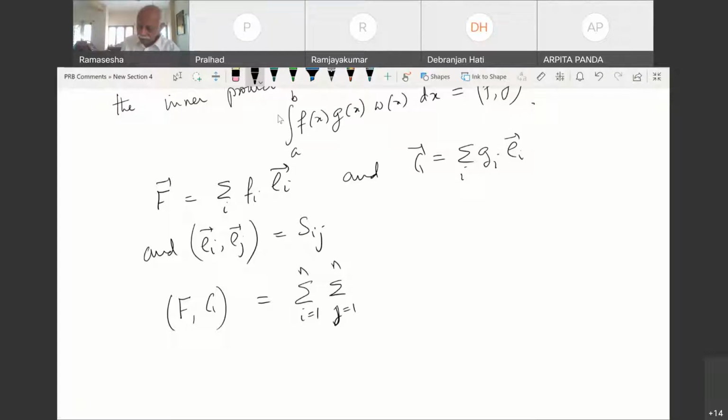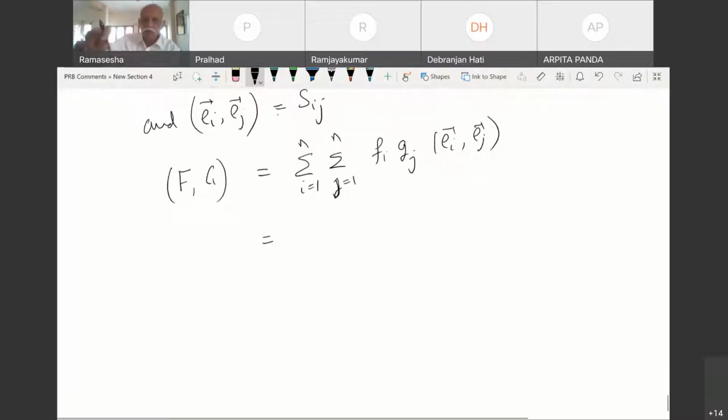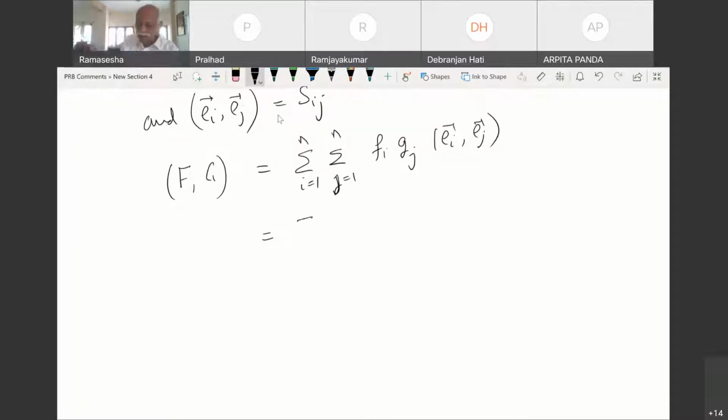f_i g_j (e_i, e_j), or I can call (e_i, e_j) the overlap matrix, and I'll get sigma over i equal to 1 to n, sigma over j equal to 1 to n, f_i g_j S_ij, where S_ij is equal to (e_i, e_j).